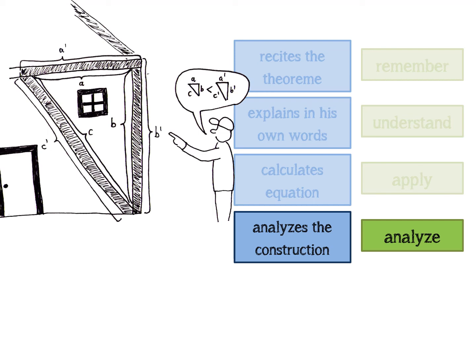And remembering the theorem of Pythagoras may be quite easy. But for example, the last step, to analyze some real world scenario based on the theorem of Pythagoras, is quite harder. And if you want to go there, then you need more time with the students, and then you need other learning activities and other assessments.